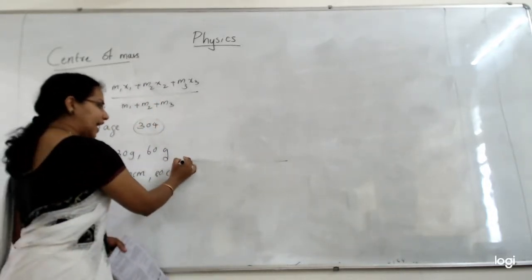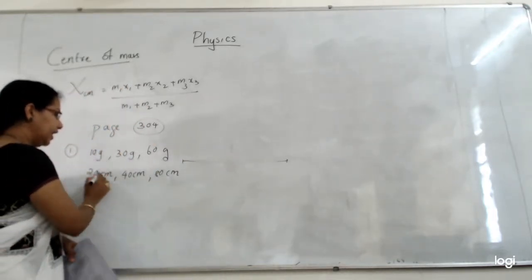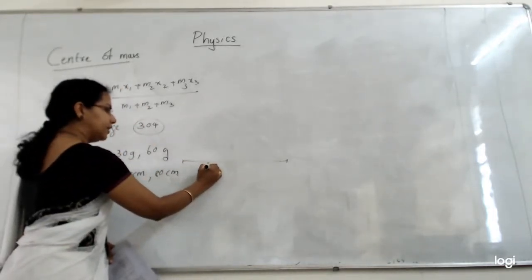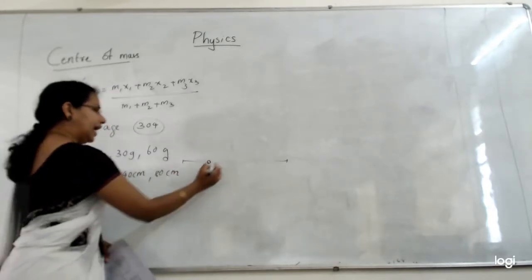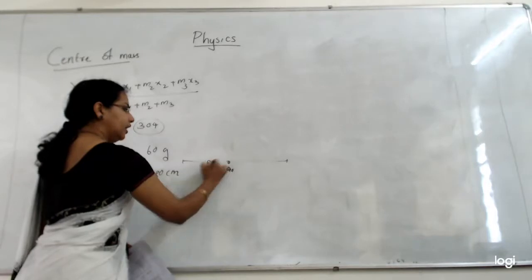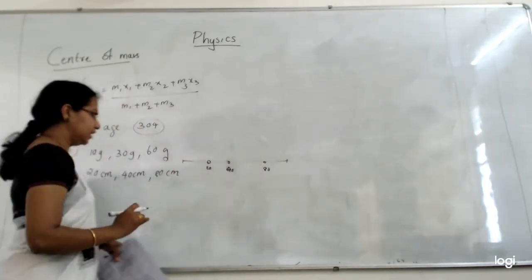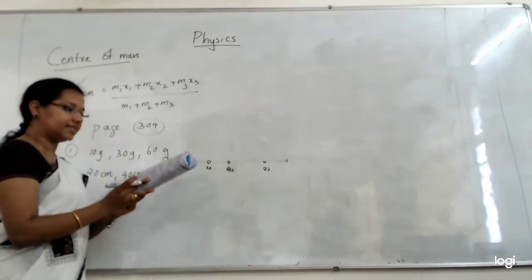So this is a meter scale, that means 100 centimeter length. At a distance of 20 centimeter, one mass is there. At 40 centimeter, one mass is there. And at 80 centimeter also we have a mass. We should calculate where the center of mass is.